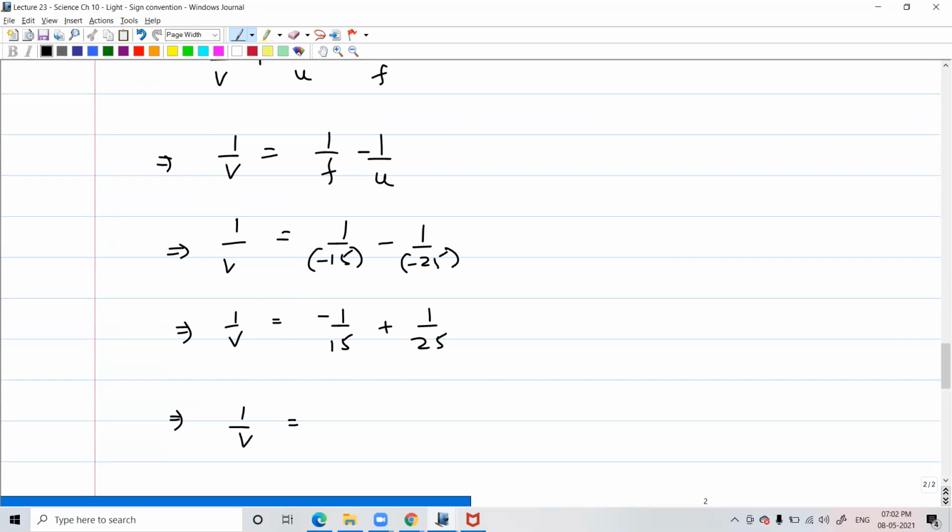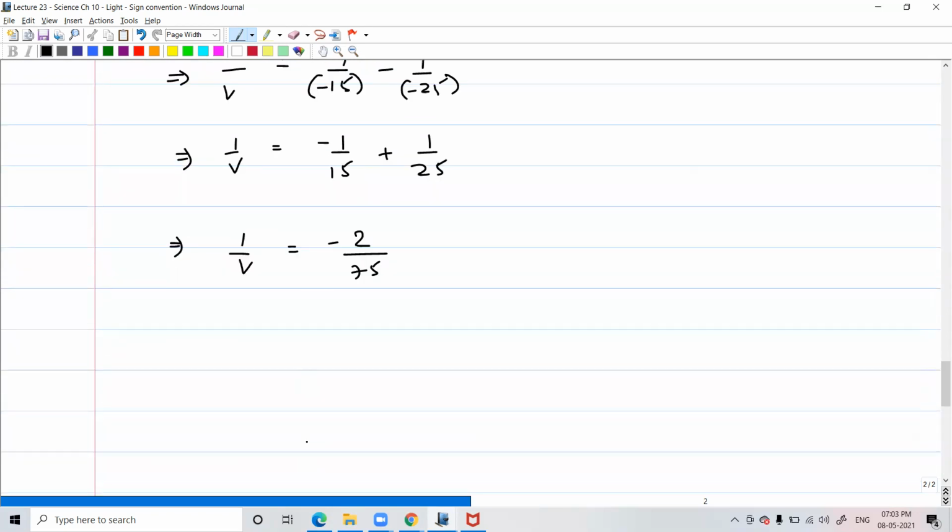Yes, minus 2 by 75. If it is minus 2 by 75, then V is actually equal to what? Minus 75 by 2.